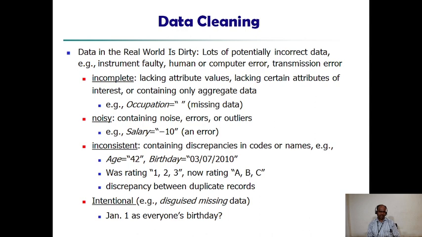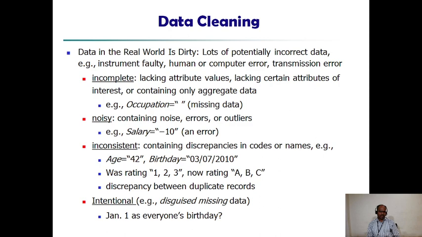For example, the salary field contains -10. It is not correct information. -10 is not the salary. So salary should be some positive number. There should not be a minus number. So it is an error. So what we have to do for this type of data, that we will see.